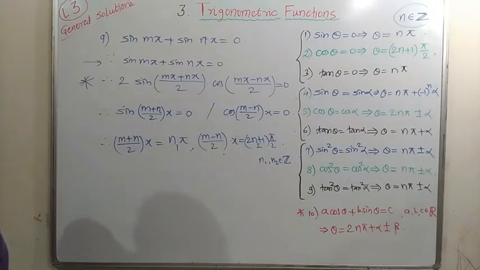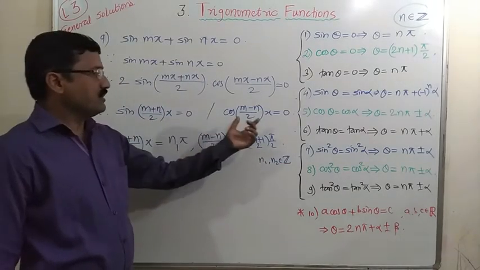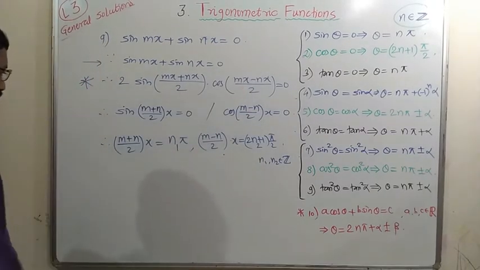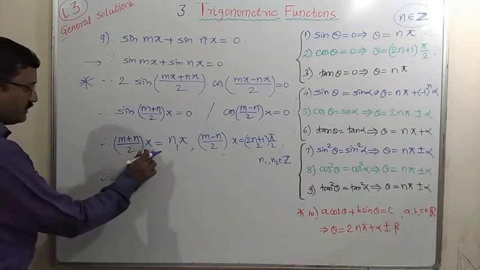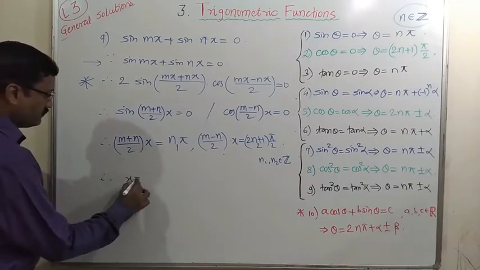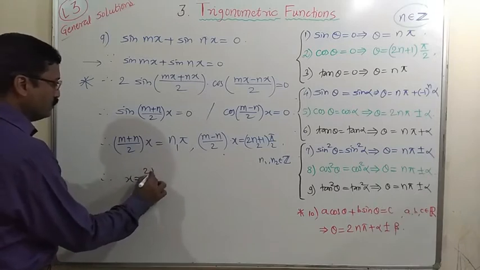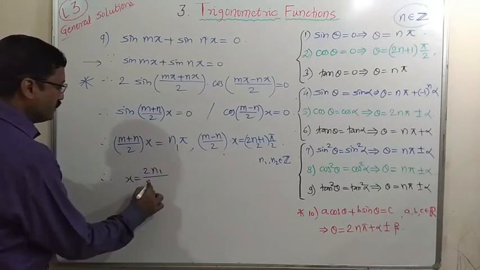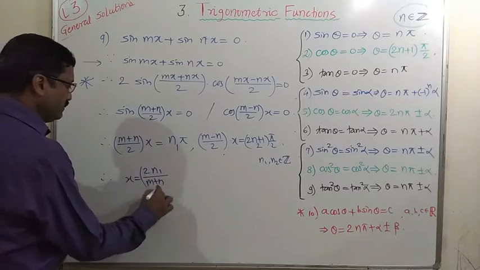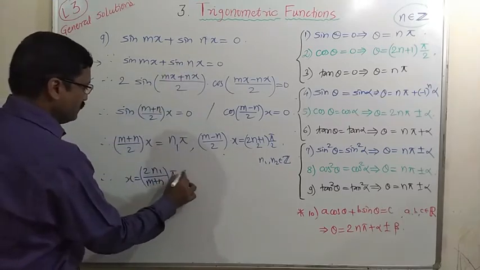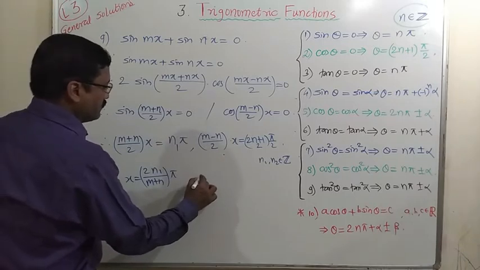Okay, what we have used here: sin theta equal to 0 and cos theta equal to 0, results number 1 and 2, we give this. Therefore here this x equal to, taking this 2, 2 n1 upon (m plus n), that is given m and n in the question, into pi.